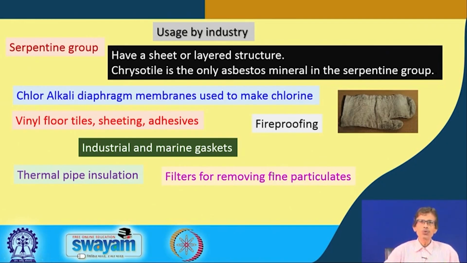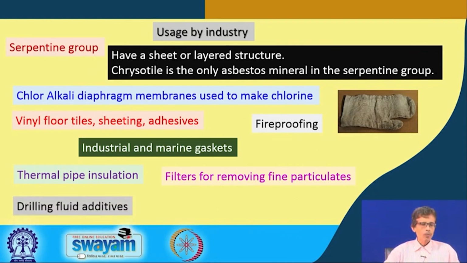So it can be used as a filtering material, because a cellulose based filter paper cannot be useful sometimes. Asbestos based filtering membrane or diaphragm can also be useful sometimes.